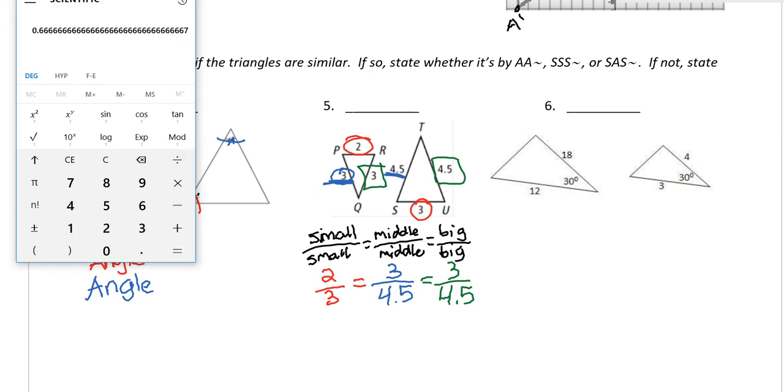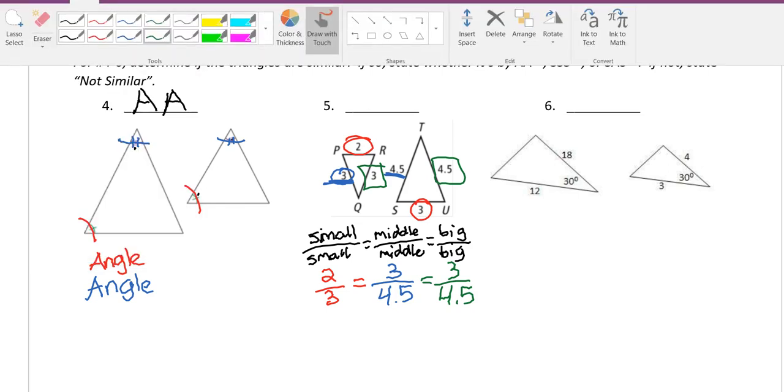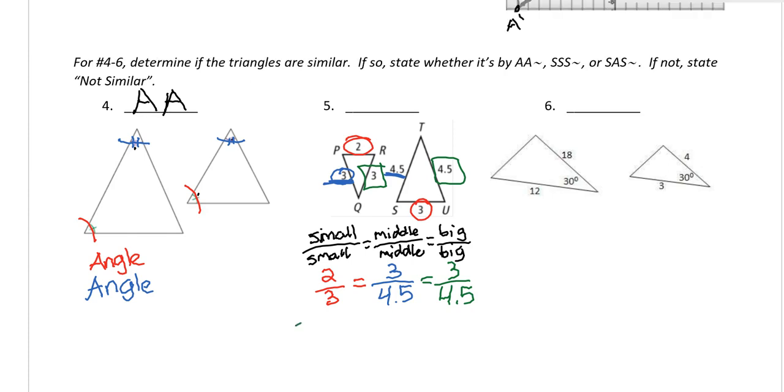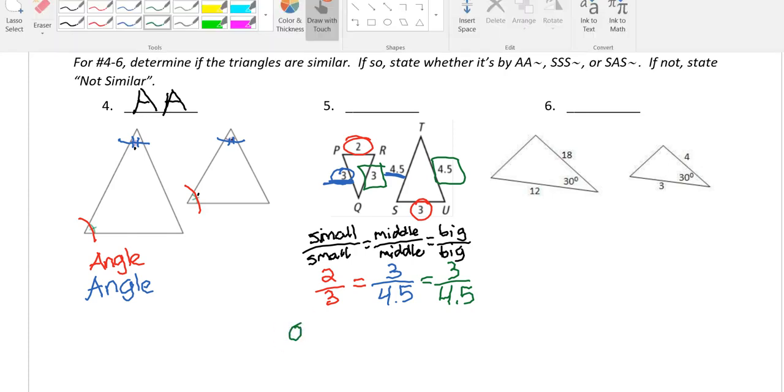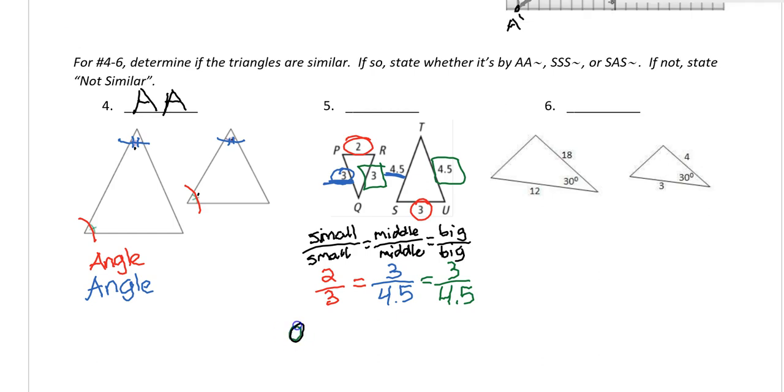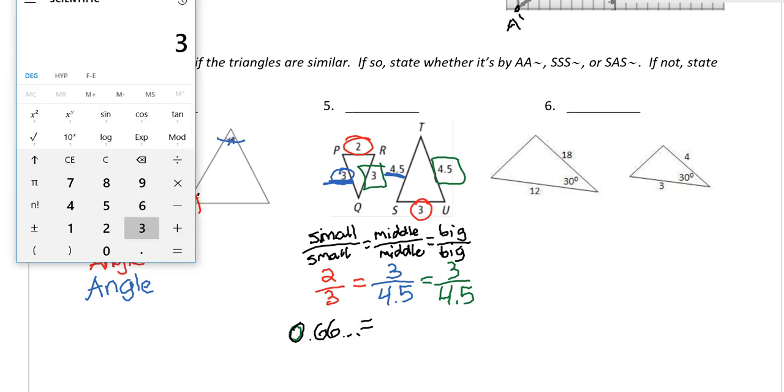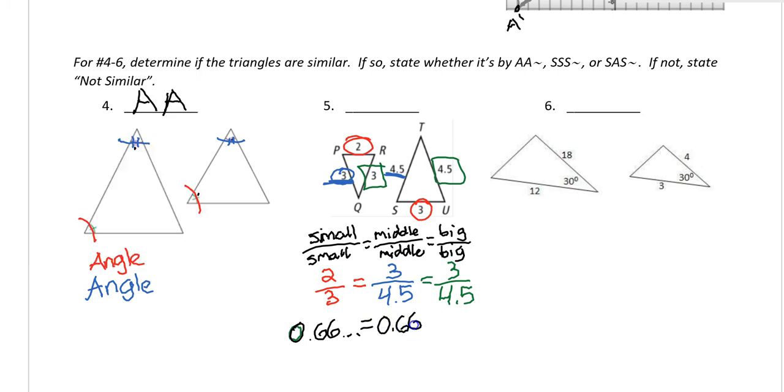And I get 0.666 repeating forever. 3 divided by 4.5 is also 0.66 repeating forever. Fine. So all of these are the same. So that's side-side-side.